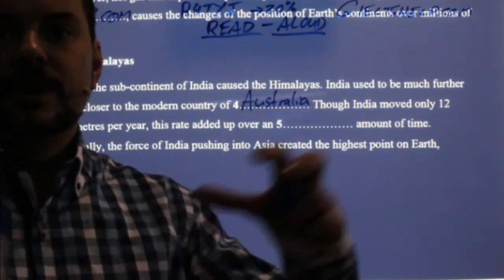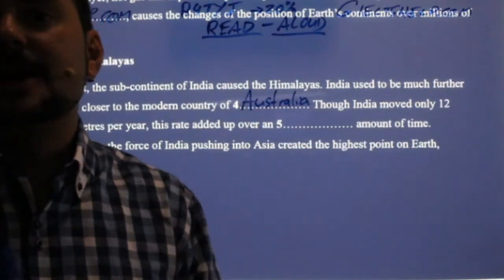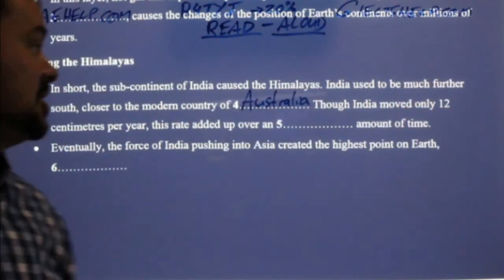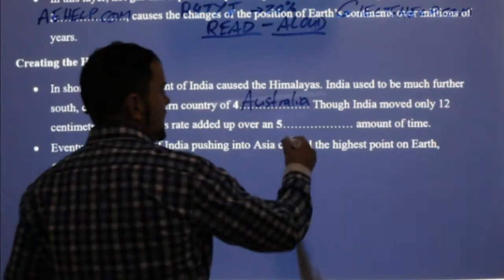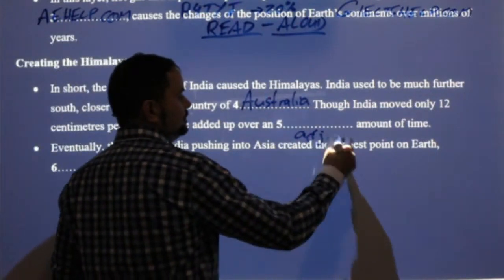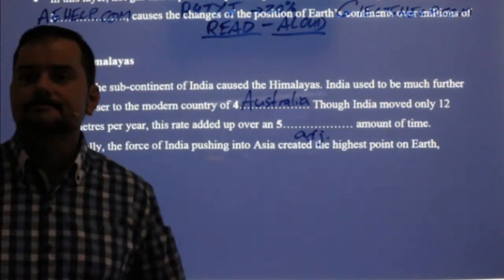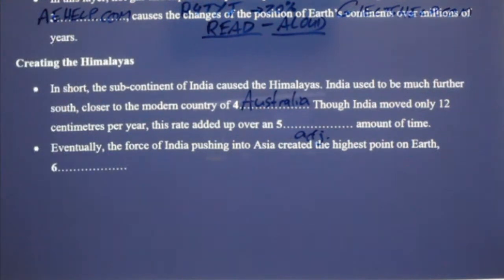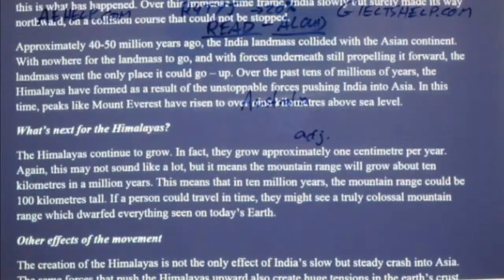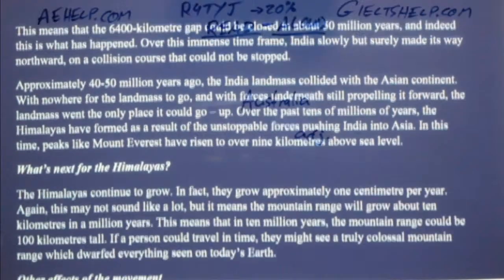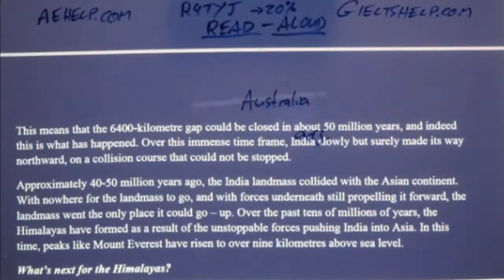Okay, so 12 centimeters a year, it's not a lot, but through, so it's an adjective here. This is going to be an adjective. Again, I can check here. So I'm looking for Australia. Because I did my fluency practice, I can find Australia very quickly.